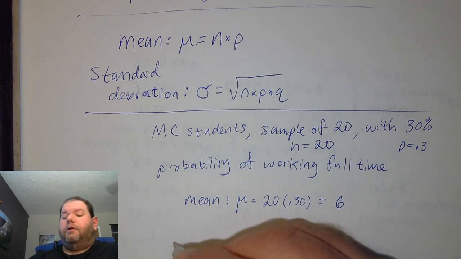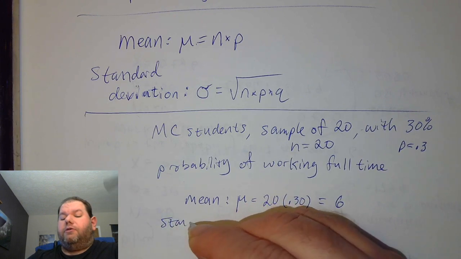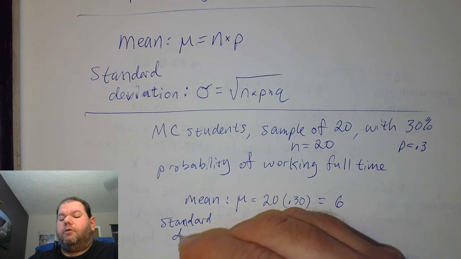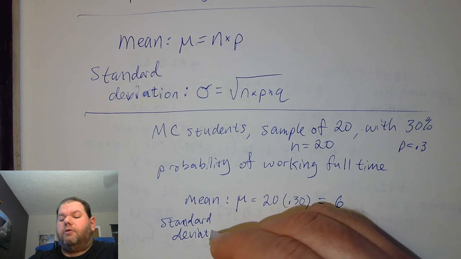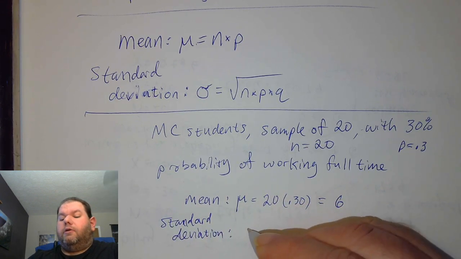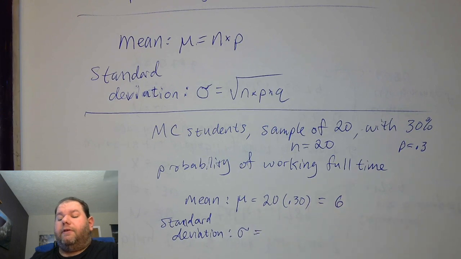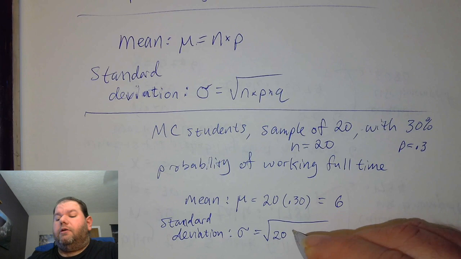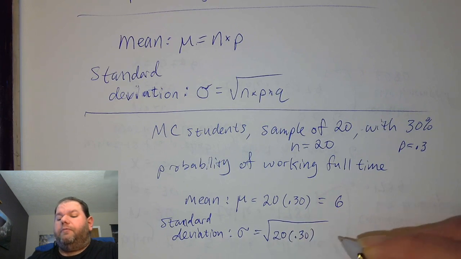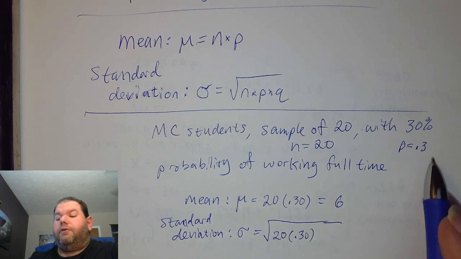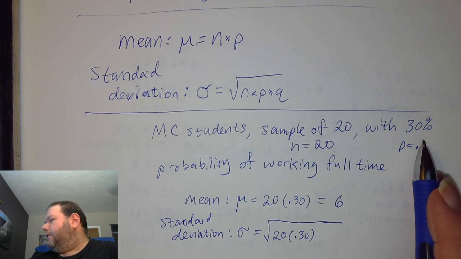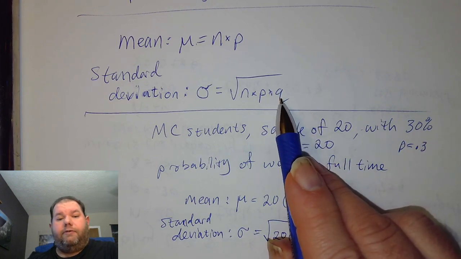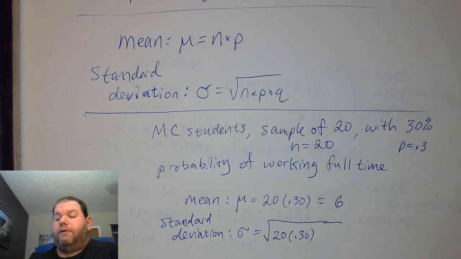Okay. And then the standard deviation, sigma, is the square root of n times p times q. If we have a 30% chance of success, and remember q is our chance of failure, what is q in this case?